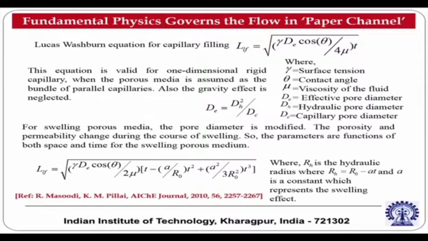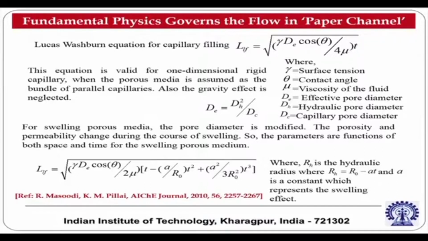A porous medium like a paper matrix may be assumed to be a bundle of capillaries, and you can still use the Lucas-Washburn type of paradigm without electric field, but you have to use the effective pore diameter, which is related to the hydraulic pore diameter and the capillary pore diameter.